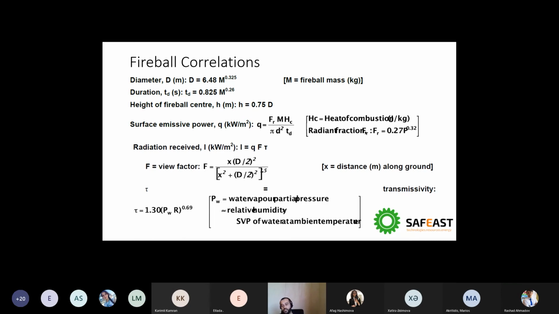Then based on damage criteria, which is a further subject, and I don't think we will have time to touch on this today, you can decide if the radiation received is dangerous for a person, a building, or other process equipment or not.